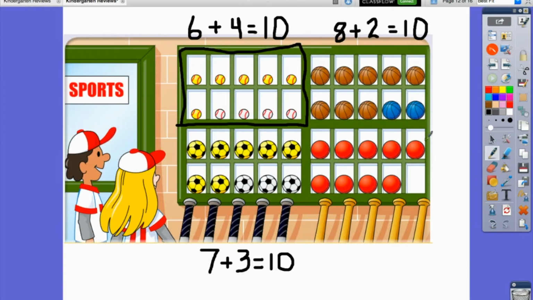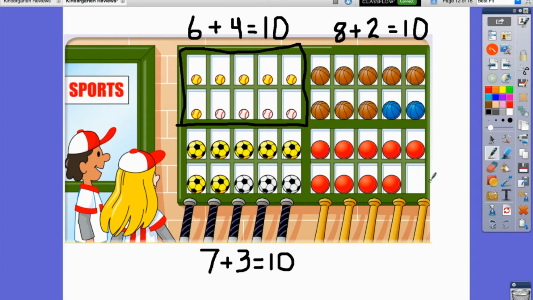What about our last picture with the red balls? Do I have 10 of those balls this time? How can I quickly see that there are only 9 balls and not 10?